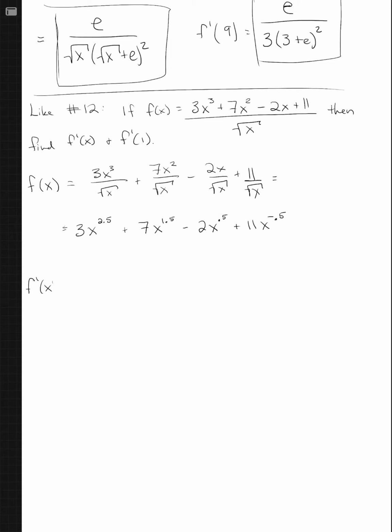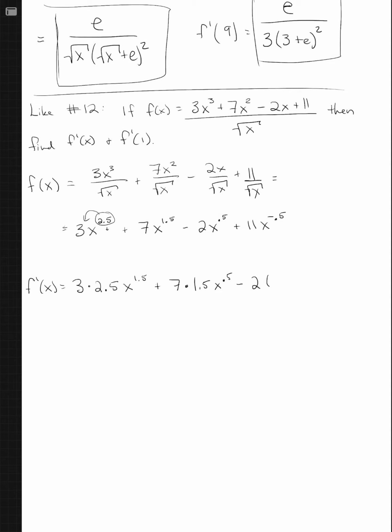Right? So f prime of x becomes 3 times 2.5 times x to the 1.5, right? We bring this down and we subtract 1 from it. This becomes 7 times 1.5 times x to the 0.5.